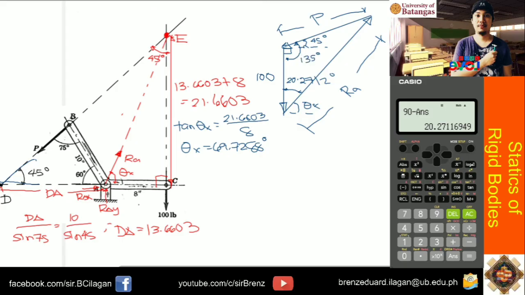Okay? So, ano na lang kulang? Ito. So, maukompute na natin to. Kasi nga, ang total sum ng iyong internal angle ng triangle is 180. Or that angle is equivalent lang sa LQ. So, 180 minus 20.2712 then minus 135.